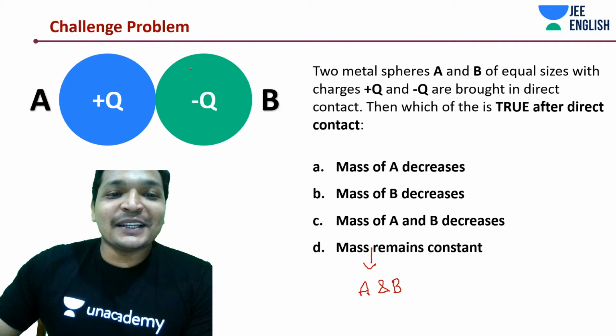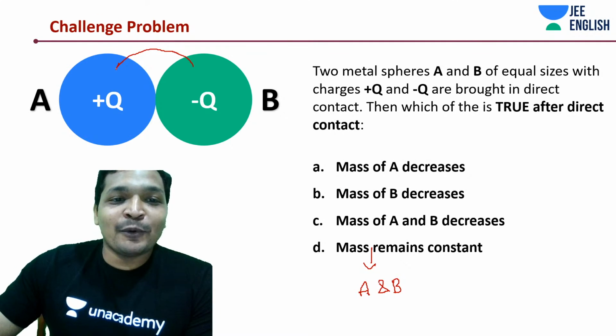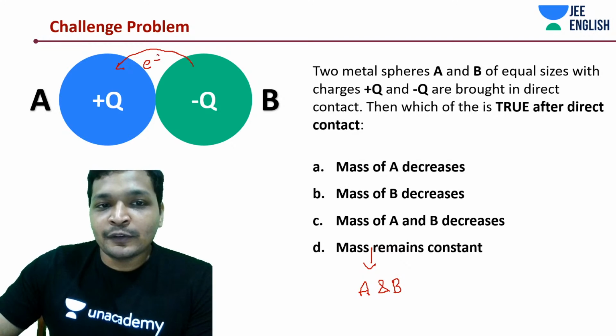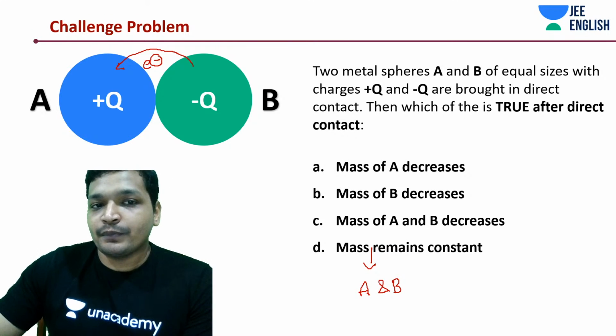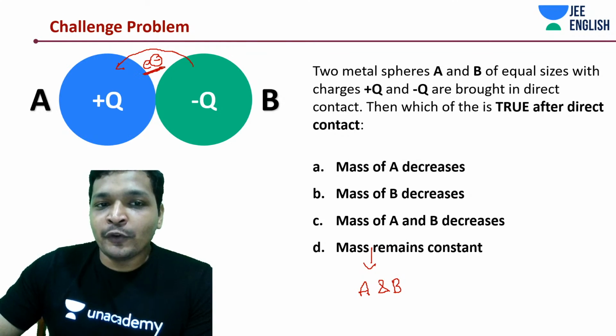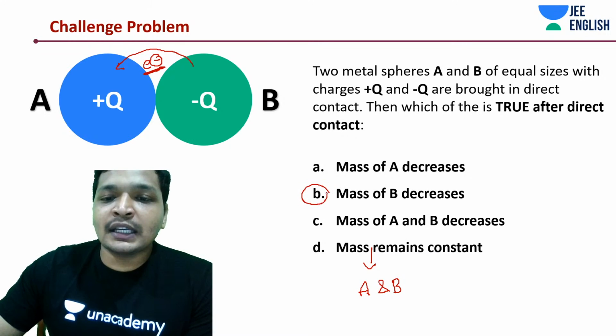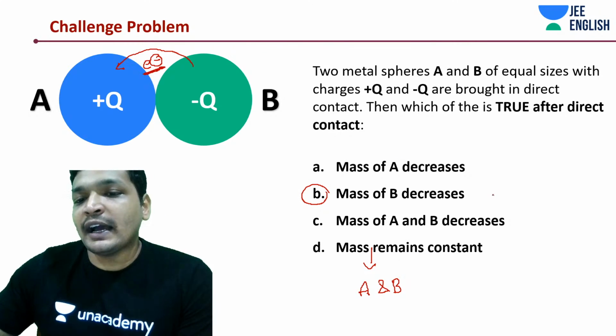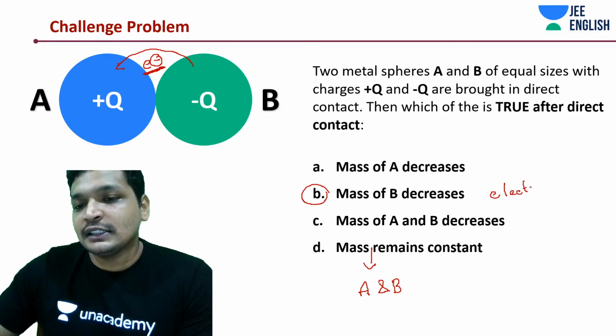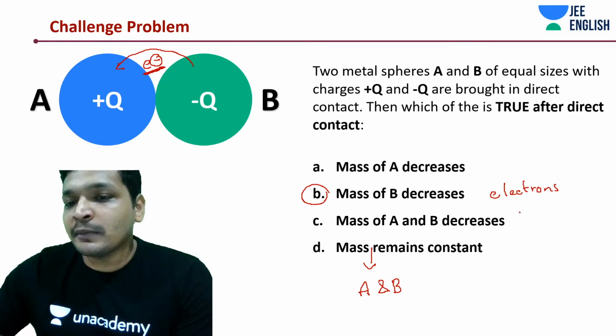So what is happening once you bring both of them into contact? Electrons are going to flow from B to A. If electrons are going to flow from B to A, what would happen to the mass of B? B's mass would decrease because electrons have mass. Electrons are not massless.